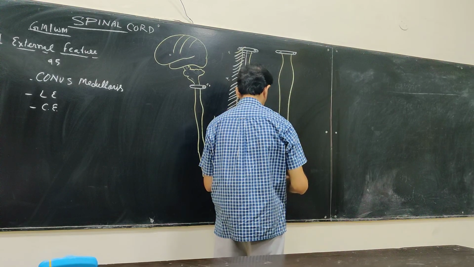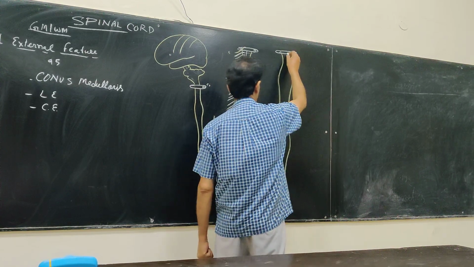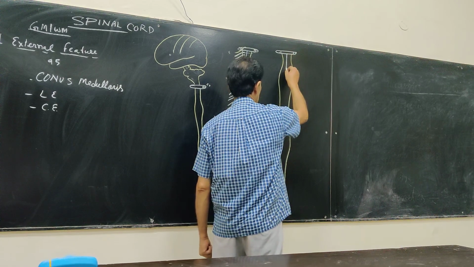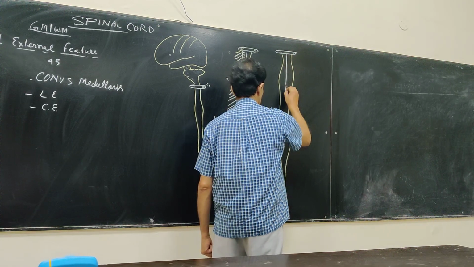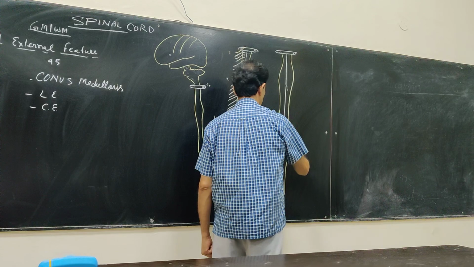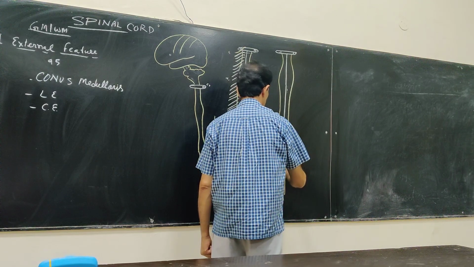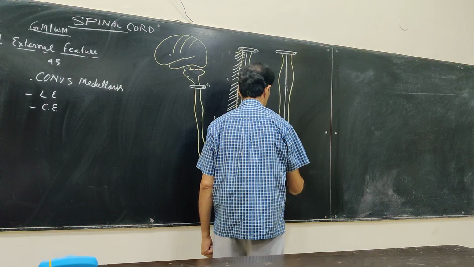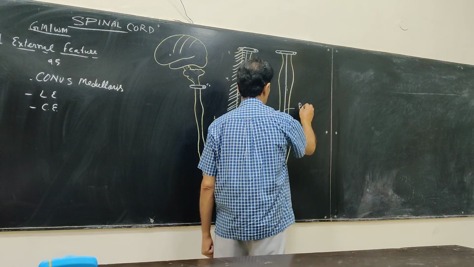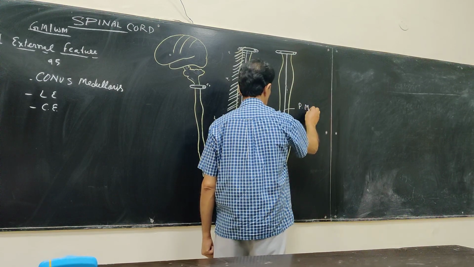Posteriorly, there is a posterior median sulcus. Underline it. Anteriorly there was fissure, but posteriorly never use the word fissure. It is the posterior median sulcus.